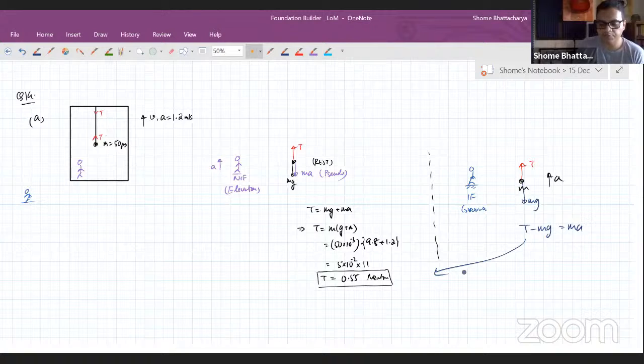Let's discuss part B next. Part B is saying that he's going up but with deceleration of 1.2 meters per second square. So going up with deceleration means the direction of acceleration is downwards. What should be the direction of pseudo force? It should be upwards. So accordingly, we have to solve.